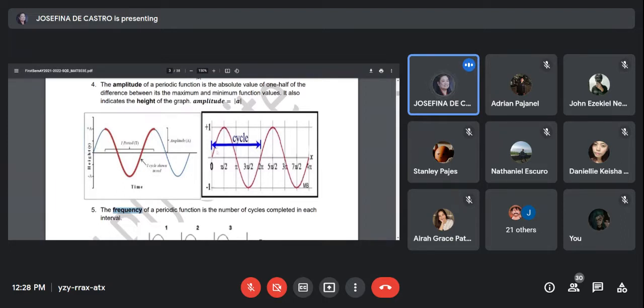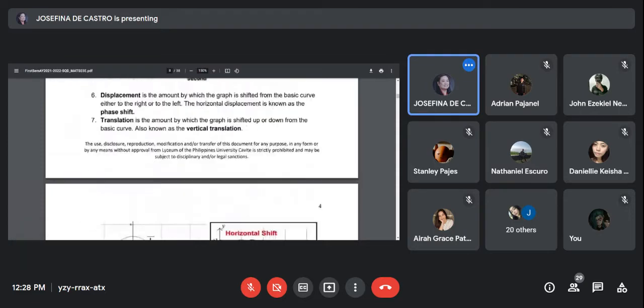And then, ito ang itsura ng isang cycle ng sine from 0 to 2 pi. Yan ang itsura ng sine. At ito naman ang itsura ng isang cosine. Y is equal to cosine x. Okay? Yan ang itsura niya.